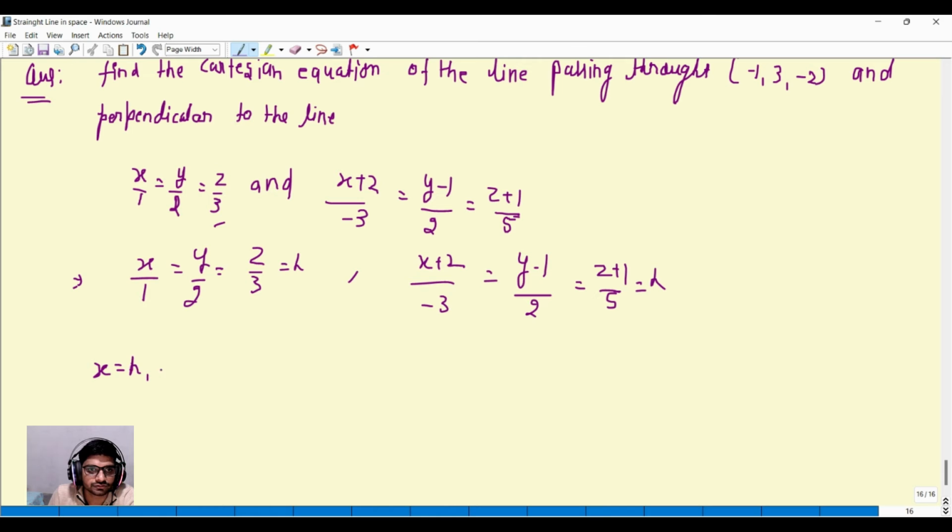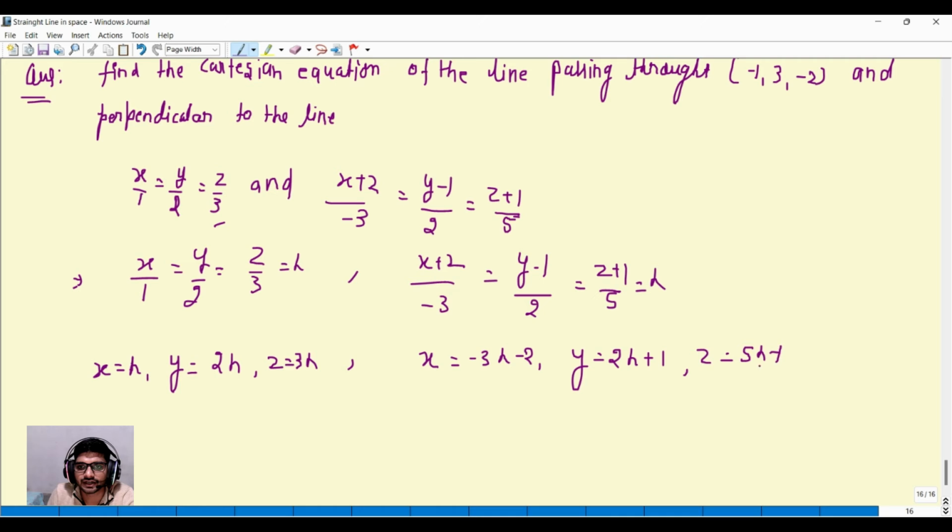So x equals lambda, y equals 2 lambda, and z equals 3 lambda, okay. Now in this, x equals -3 lambda minus 2, y equals 2 lambda plus 1, and z equals 5 lambda minus 1, okay.